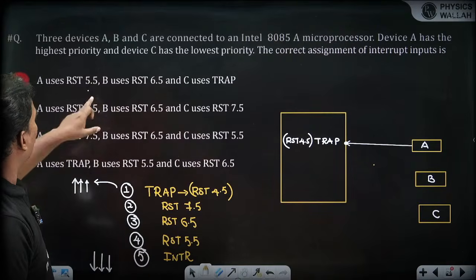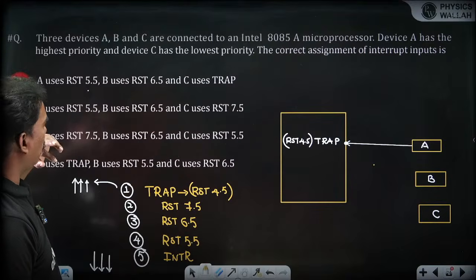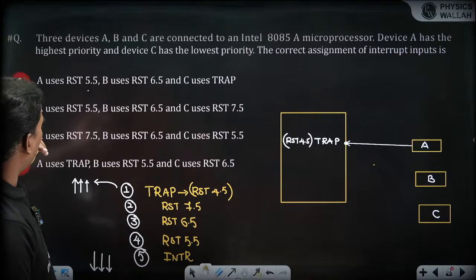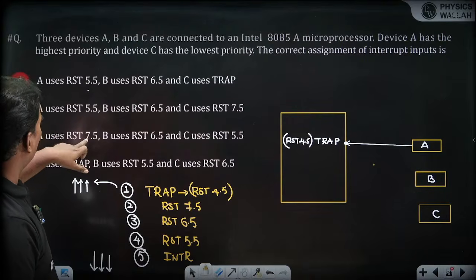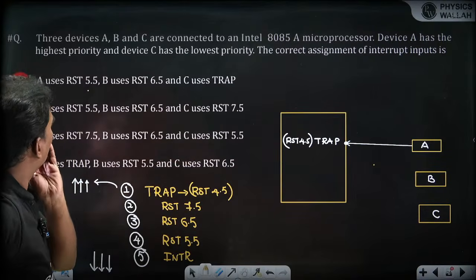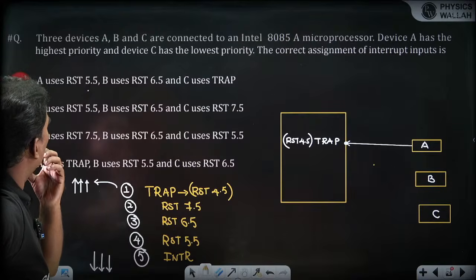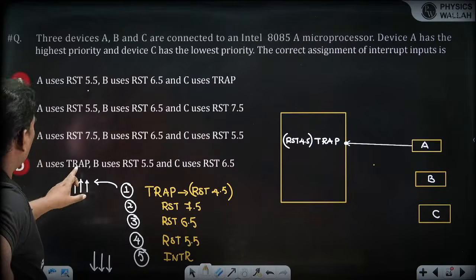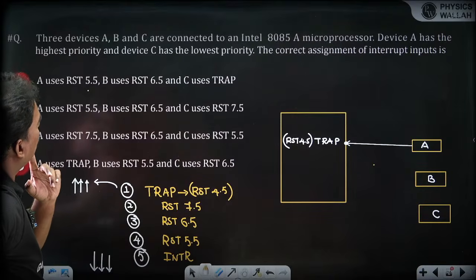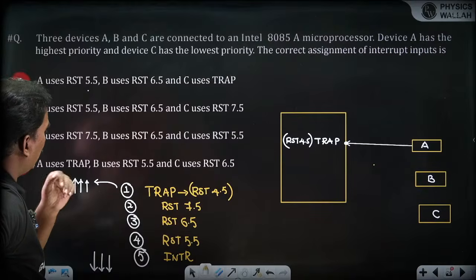Next, device B. C has the lowest priority, so the order is 7.5, 6.5, 5.5. So A should be connected to TRAP. Very good. Next, C is the lowest priority, so C should be connected to 5.5.